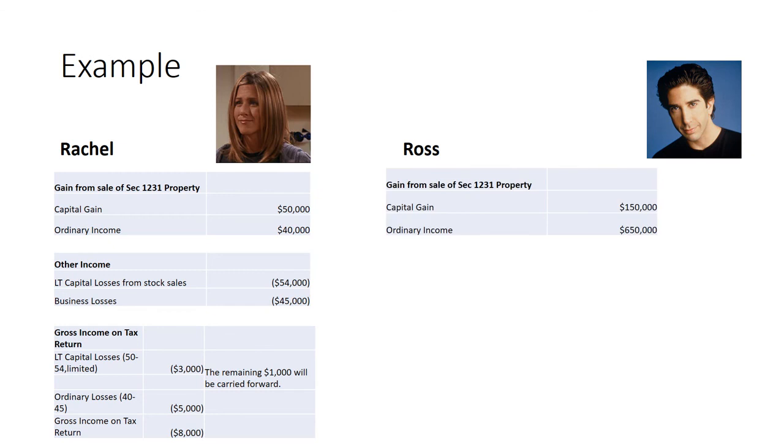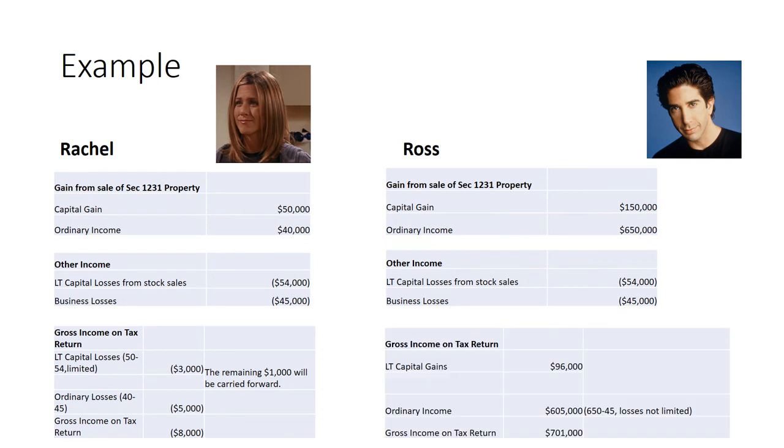Okay, Ross, on the other hand, as we know, had capital gain of $150,000 and ordinary income as part of the gain on this sale of Section 1231 property of $650,000. Now, his other income, he had the same other income. He had long-term capital losses from stock sales of $54,000, business losses of $45,000. And so here's what he's going to show on his income tax return as gross income. We're going to net his capital gains.